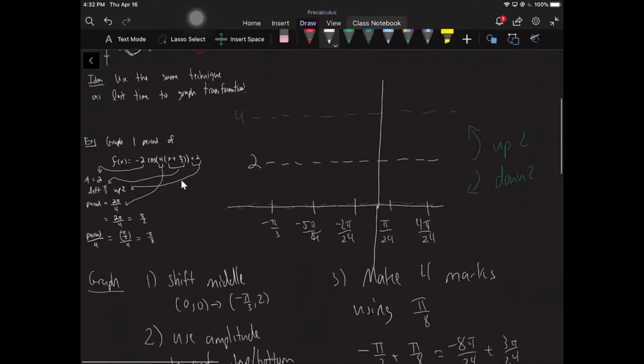It looks sort of like a little V. So at negative pi over 3, I'm not in the middle like I was for sine, I'm way up here, at the top of the amplitude. And then it comes down, because that's the only way it can go. It can't go up higher than the amplitude. And then it goes to the bottom of the amplitude on the next tick mark, then back to the middle, and then back to the top. Then you sketch as best you can. Should be a little bit curvy. Try not to make it too many straight lines. Okay, and then that's it.